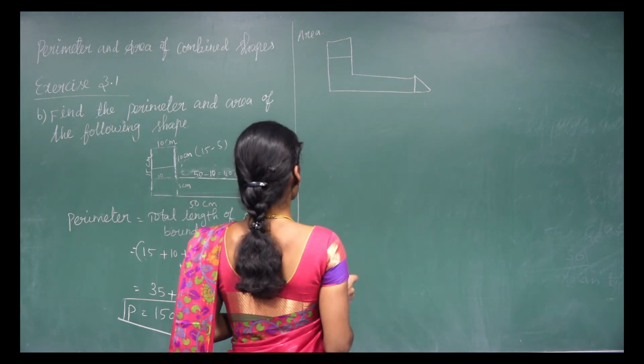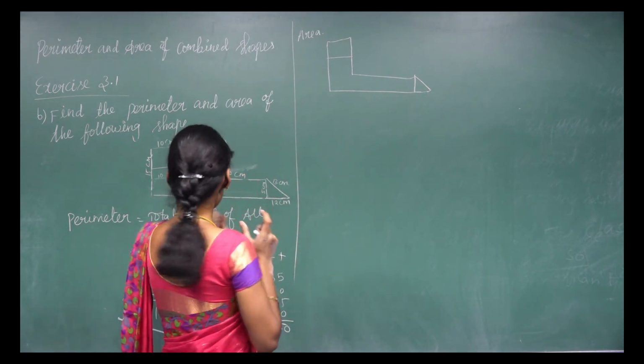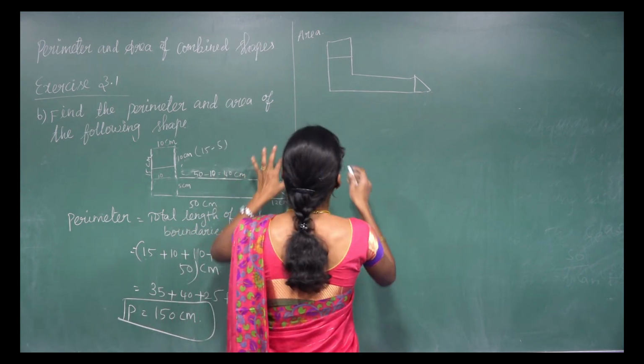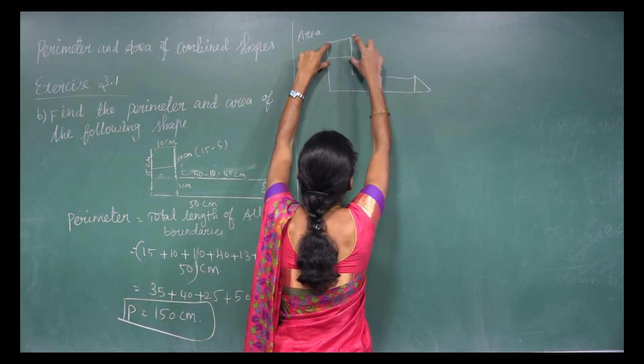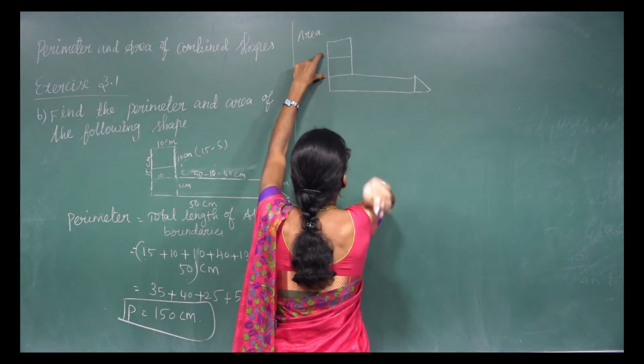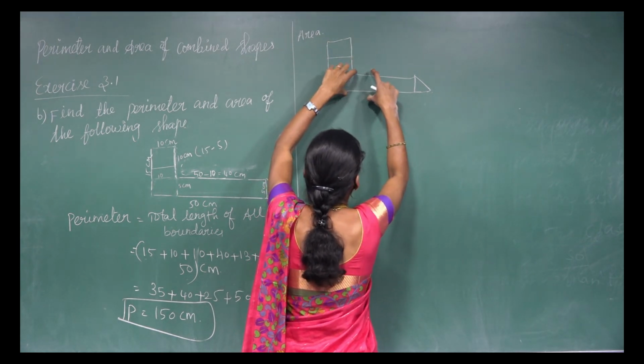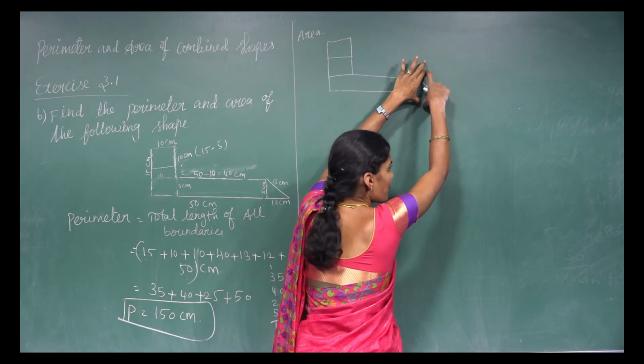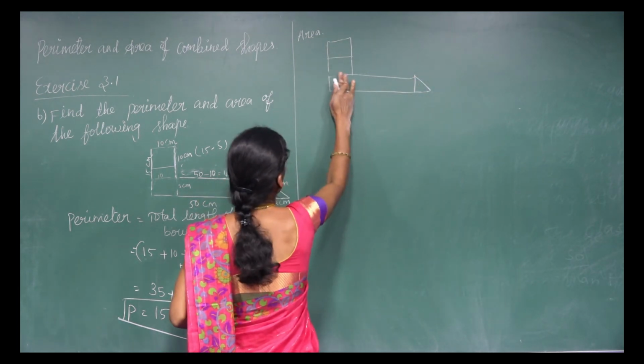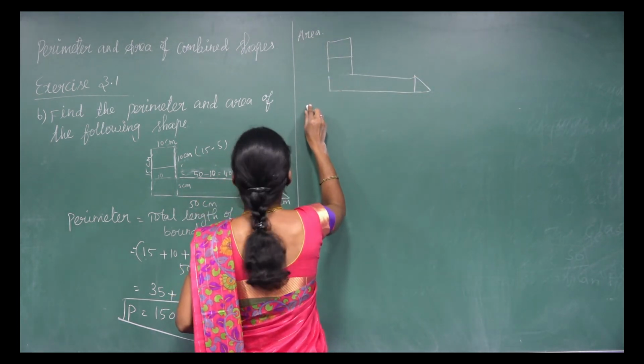Here we want to form the shapes now. It's nothing but here one square. You draw here one rectangle. Here one square. Here one rectangle. Here one triangle. Just you take it here.